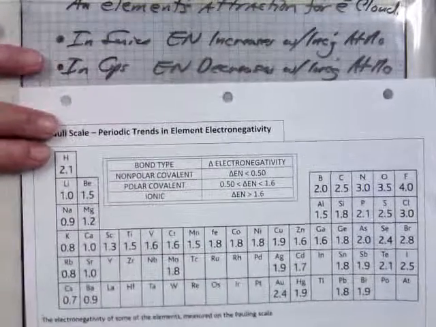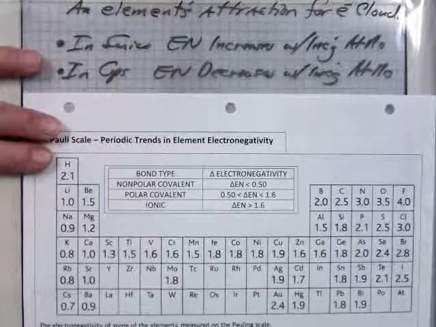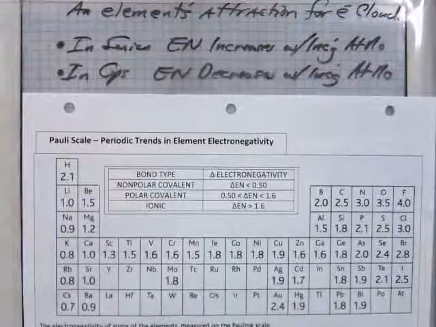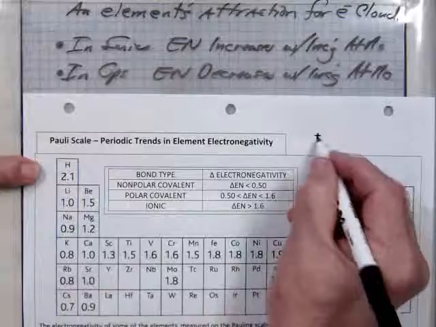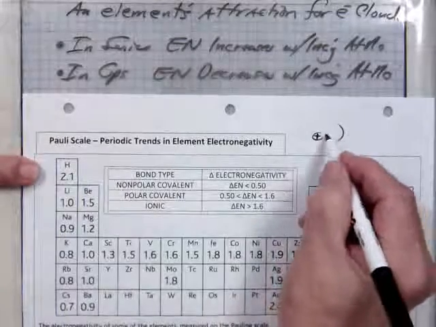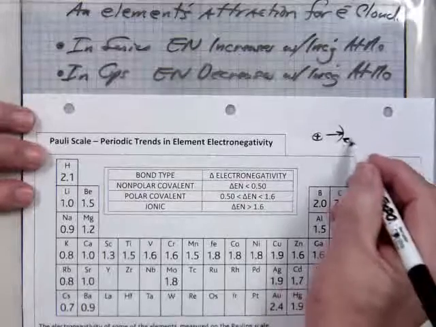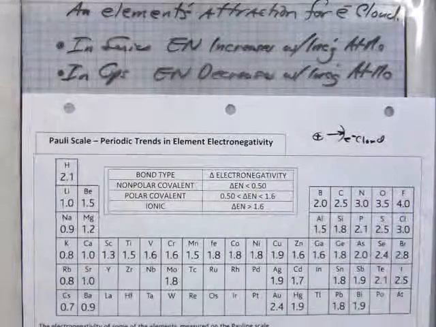Let's see if I can get all this on one page. Electronegativity is the influence of the nucleus of an element and how its attraction is to its electron cloud. And the larger the number, the greater the attraction.